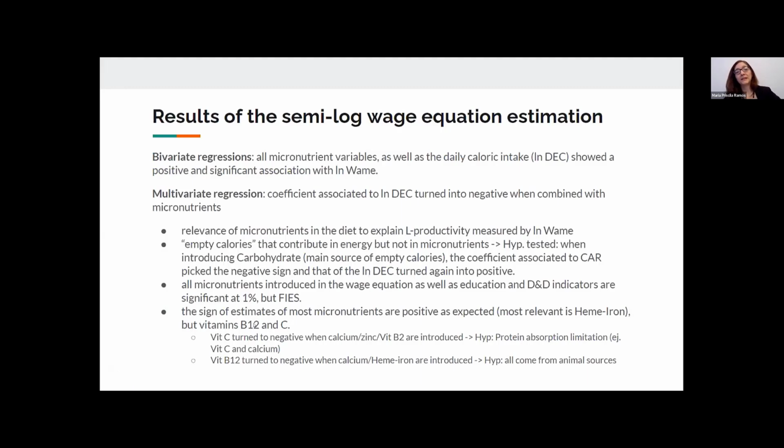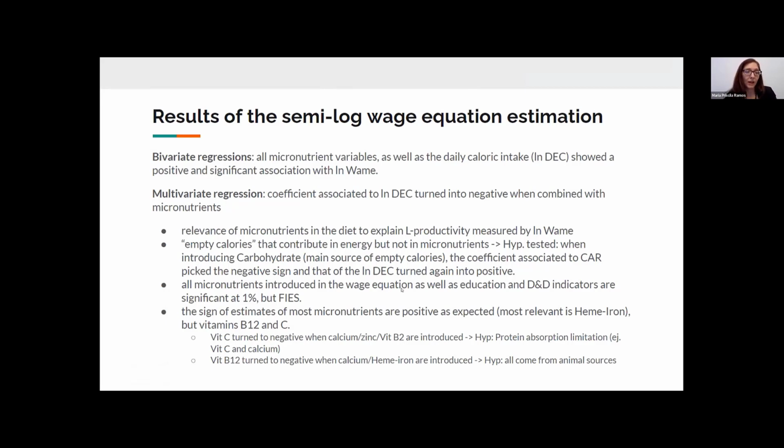Our results show that first we do some exercises in a bivariate regression, and all micronutrients as well as the DEC show positive and significant associations with the logarithm of the wage per adult meat equivalent. But when we introduce the multivariate regression, or we put all together, the coefficient of the DEC turns negative.